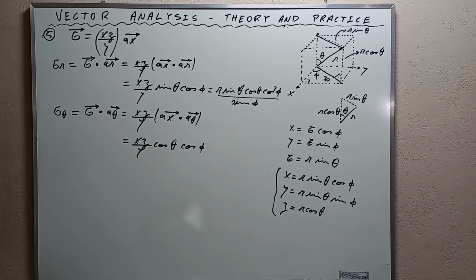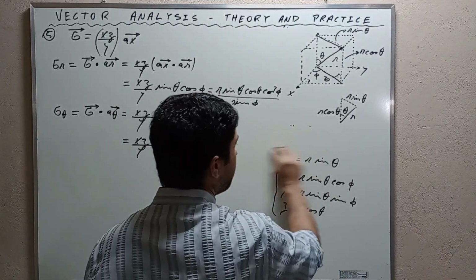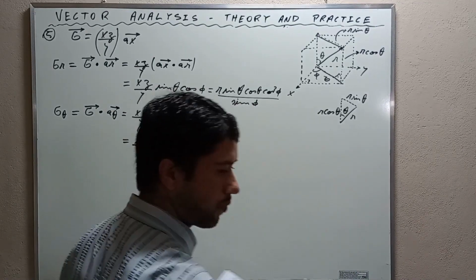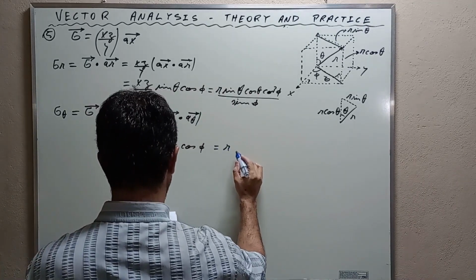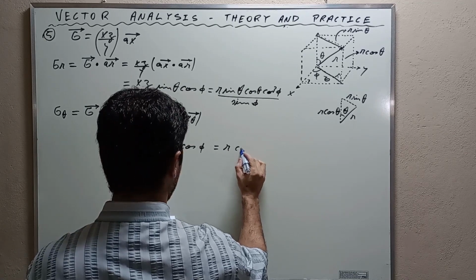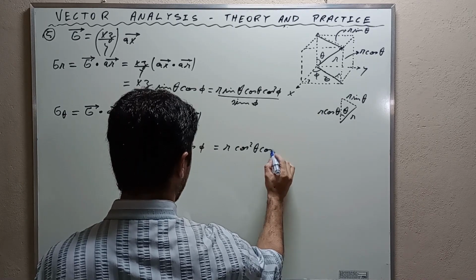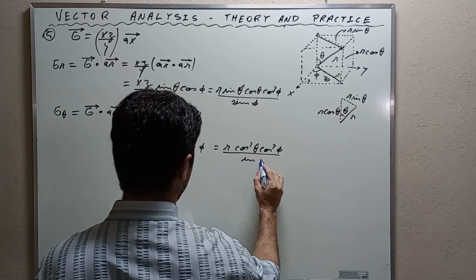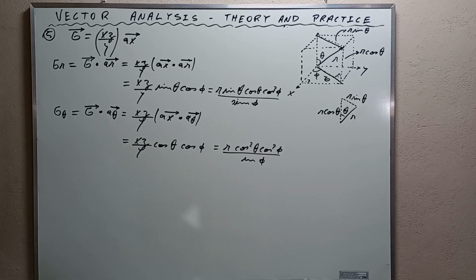And again, with a little bit more manipulation, we find that this is equal to r times cosine squared of theta cosine squared of phi divided by sine phi.